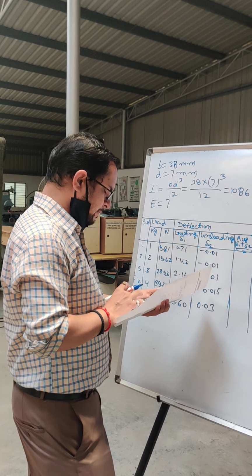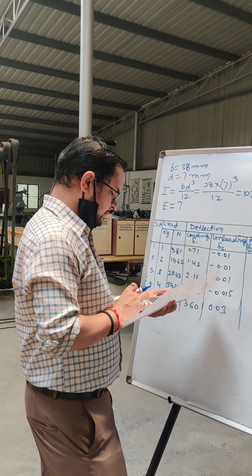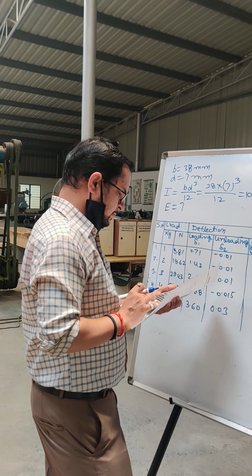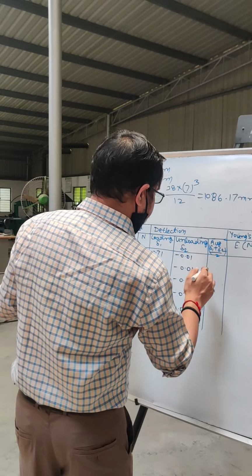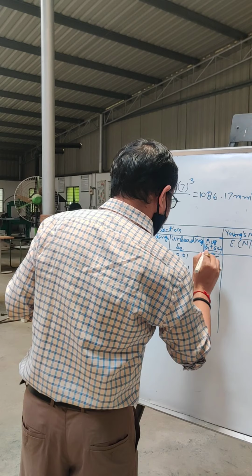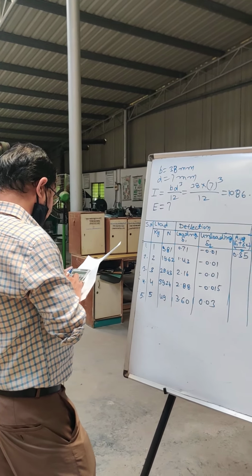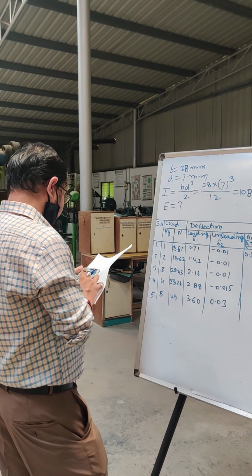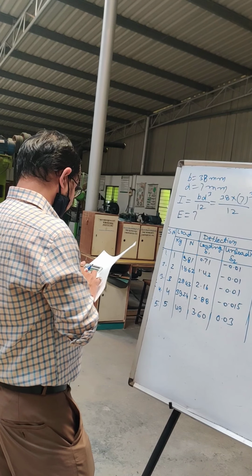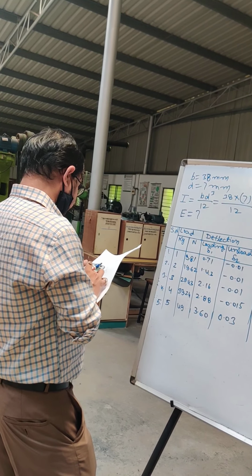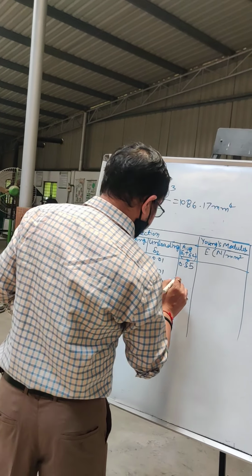So 0.71 minus 0.01 divided by 2, that is 0.35 mm. Next, 1.43 minus 0.01 divided by 2, that is 0.71.